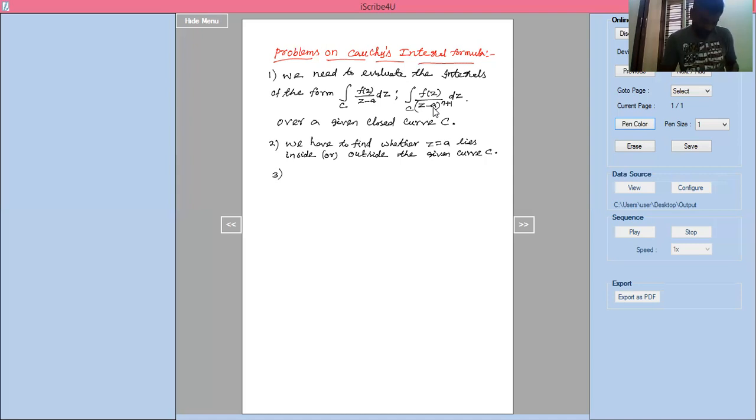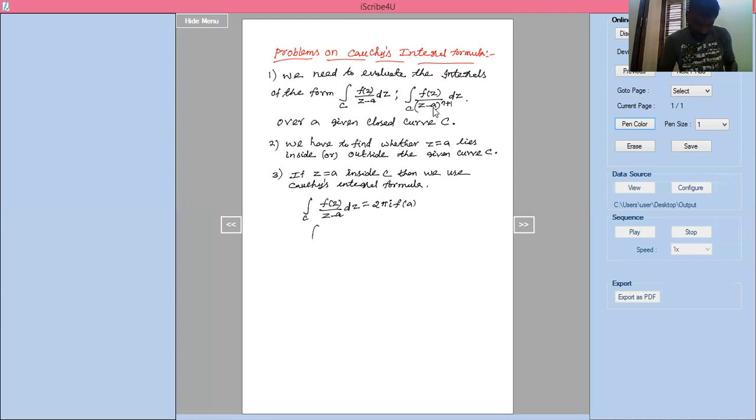If z equal to a lies inside C, then we use Cauchy's integral formula. Integration over C of f of z divided by z minus a into dz equals 2 pi i into f of a.